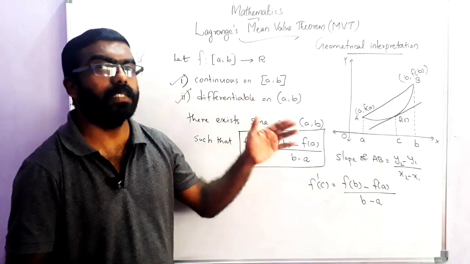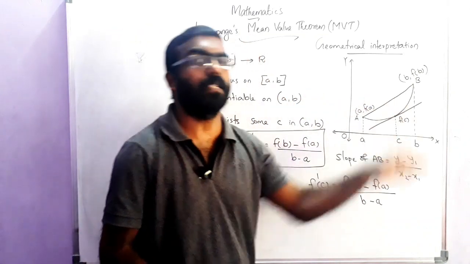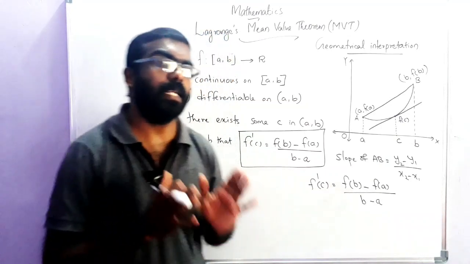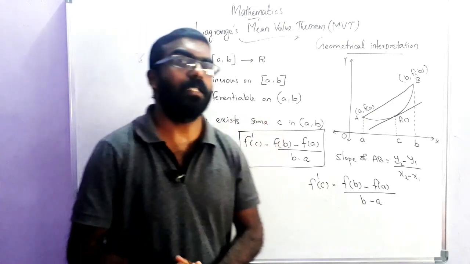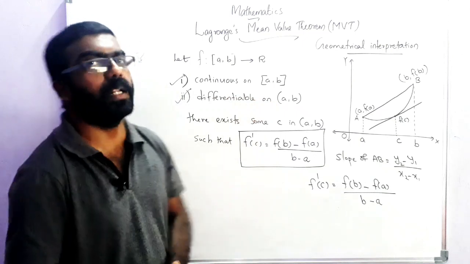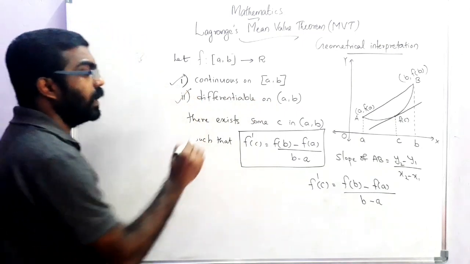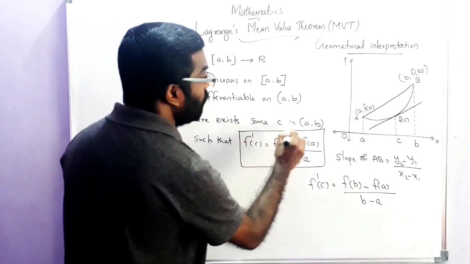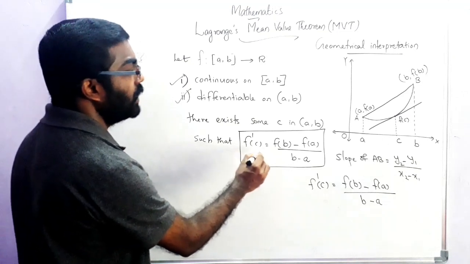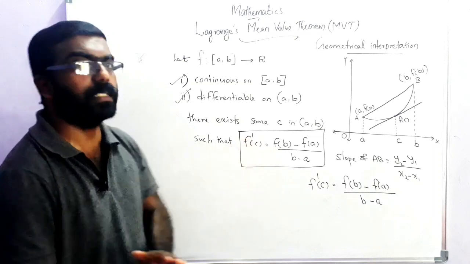So in this graph, we can draw tangents except at the extreme points, and we can find the slope of these tangents at every point except the extreme points. So the function should be differentiable on open interval AB. If these two conditions are fulfilled, then there exists some real number c belonging to open interval AB such that f dash of c is equal to f of b minus f of a divided by b minus a.